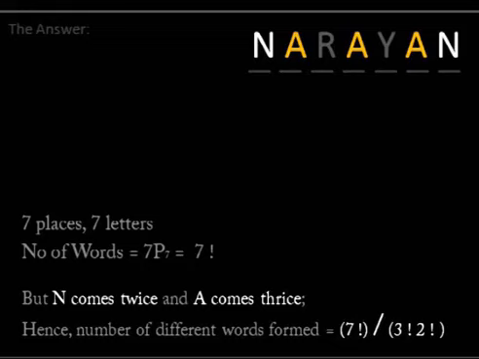And because A is coming 3 times, we divide by 3 factorial. So the actual number of ways these letters can be arranged in distinct possibilities, or the distinct number of words which can be formed, is 7 factorial upon 2 factorial into 3 factorial.